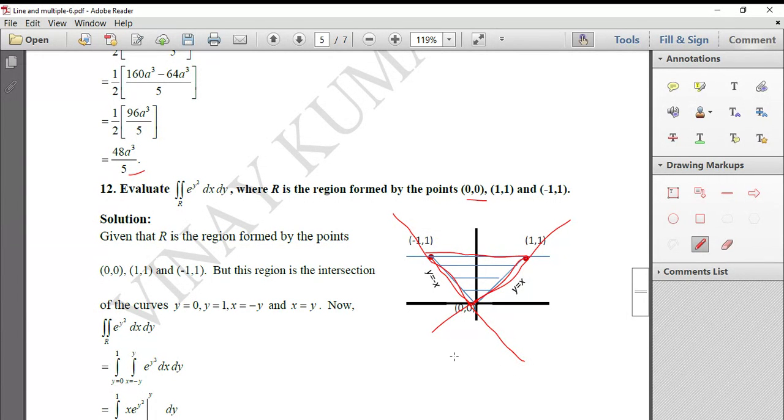As I said, see here, you can give a constant value for x or constant value for y, depending on your choice. But for one of them, you have to choose the variable limit. Here, note that this is the line x equal to minus 1. And this is the line x equal to plus 1.